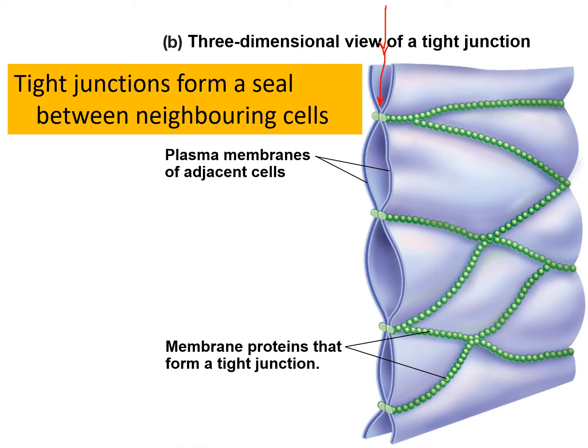We don't want that to happen. We want the cells to have an opportunity to select what the body wants and reject what the body doesn't want. So this forces anything that's moving from the lumen of the intestine to the blood to pass through a cell. A cell has to choose that substance.